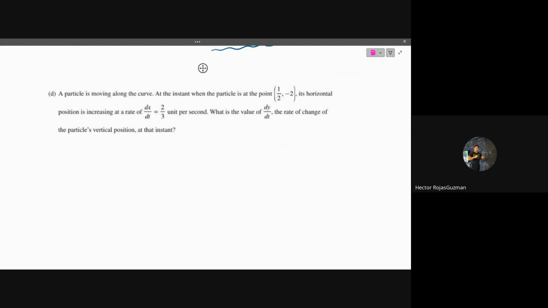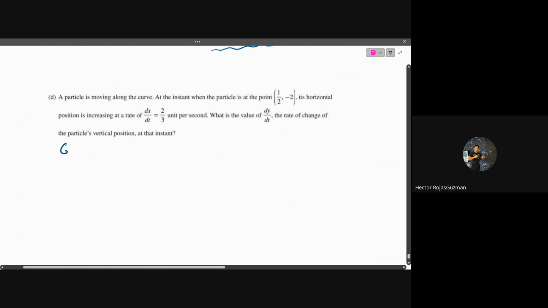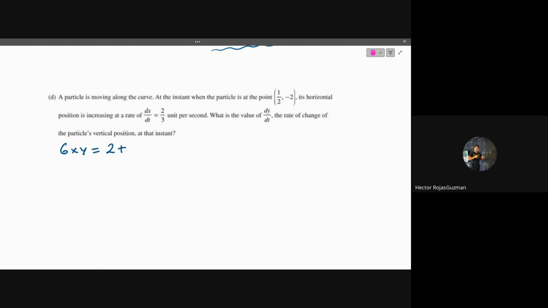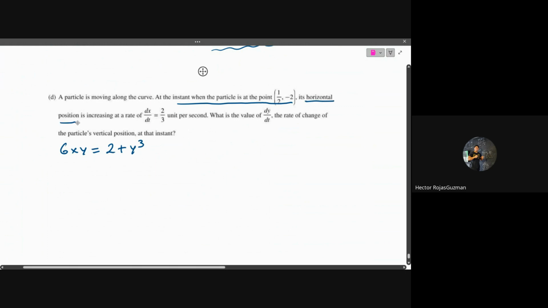Man, there's a lot of complicated words here. But you know what? Take it one step at a time. We're going to start by writing the original equation. So 6xy equals 2 plus y to the power of 3. We know at that instant, dx dt equals 2/3. What is the value of dy dt?